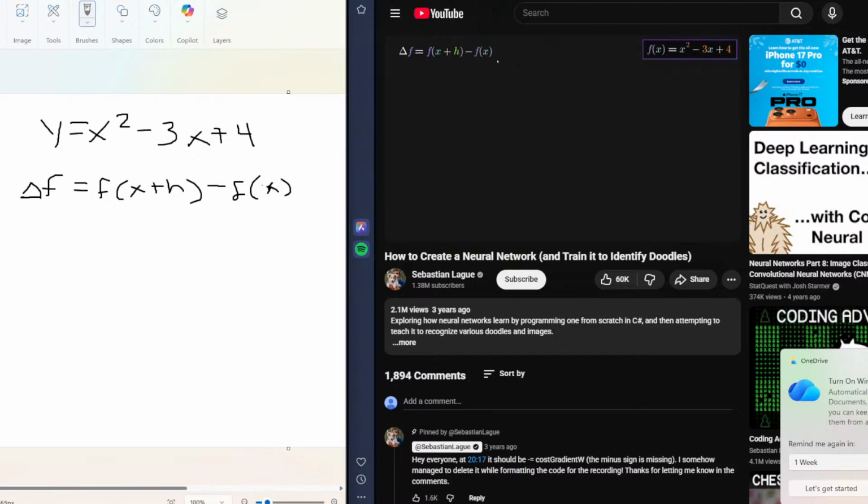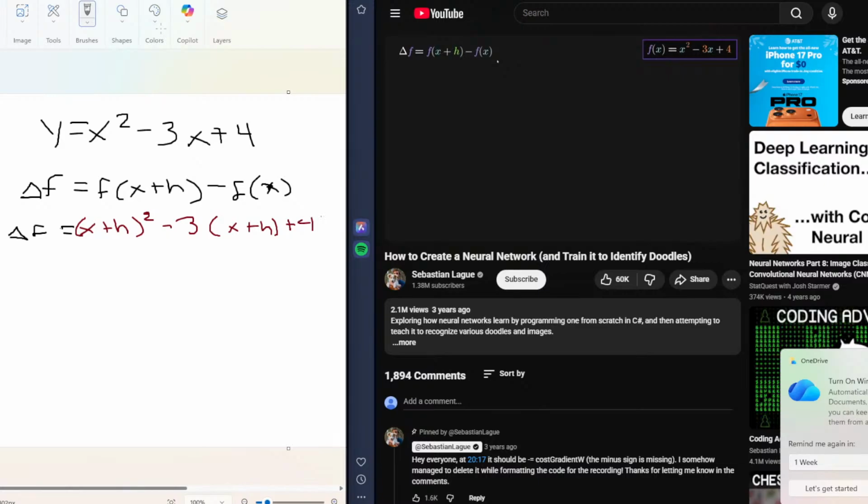And so here we can say the delta of f is equal to, first, the first function, which we can look at as x plus h being x plus h squared, minus 3 times x plus h is my understanding, right? Plus 4, right?